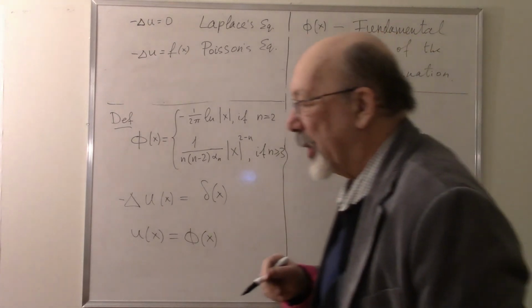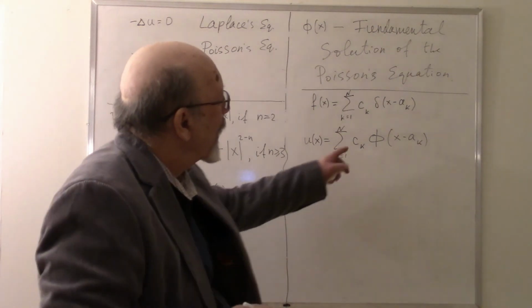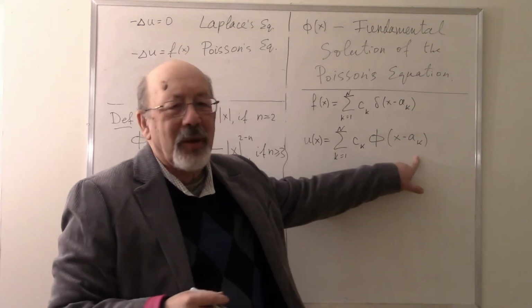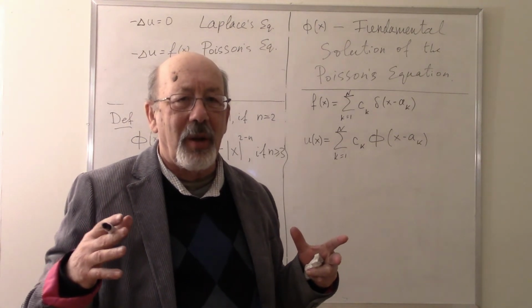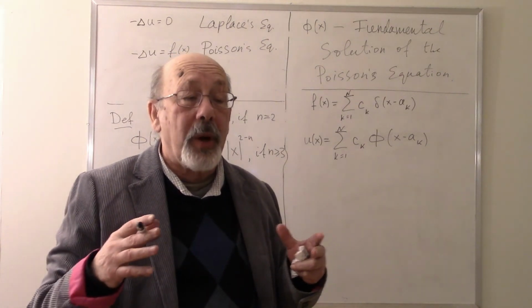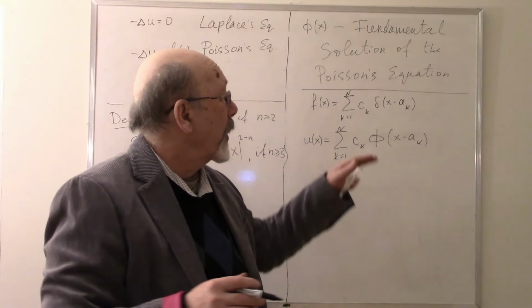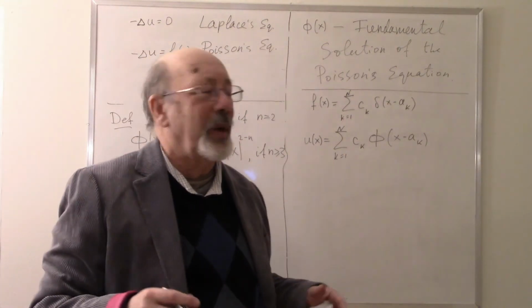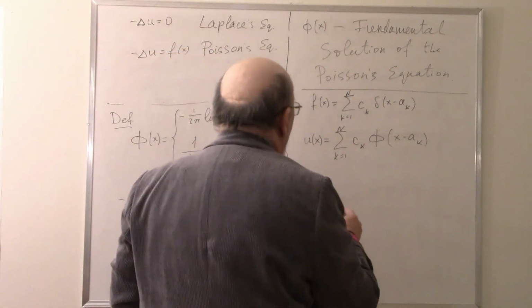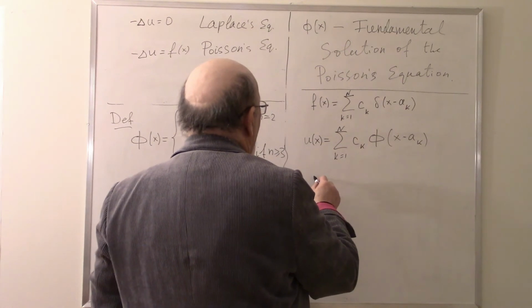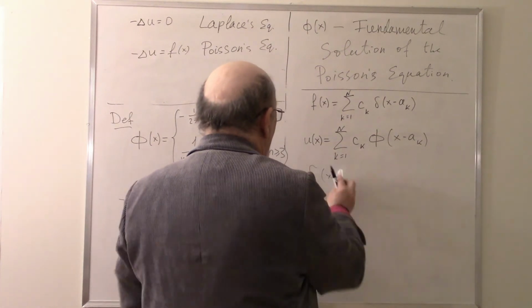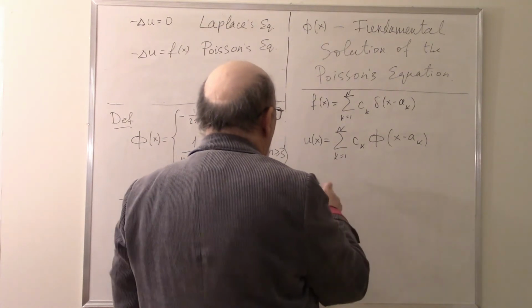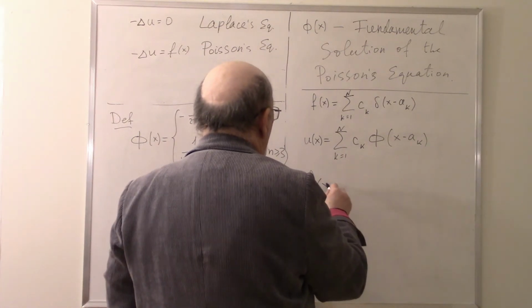But we can consider not only the finite sets of delta functions, but the families of delta functions, which are parameterized by some point, say, a in space. So consider the function f of x.